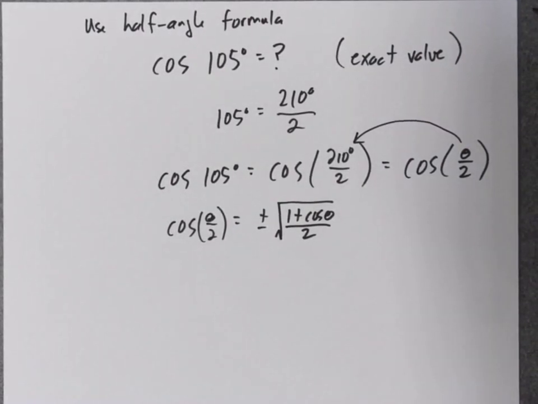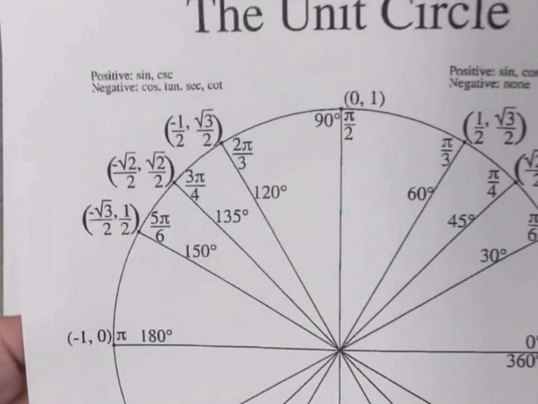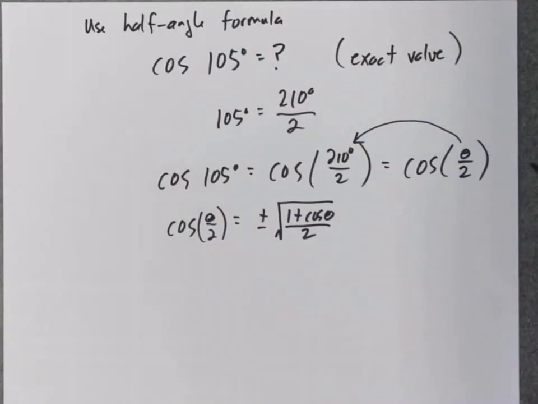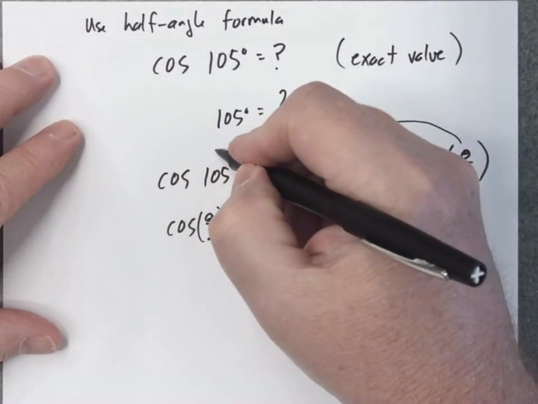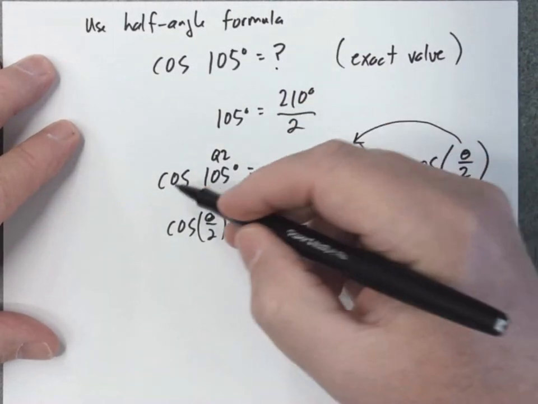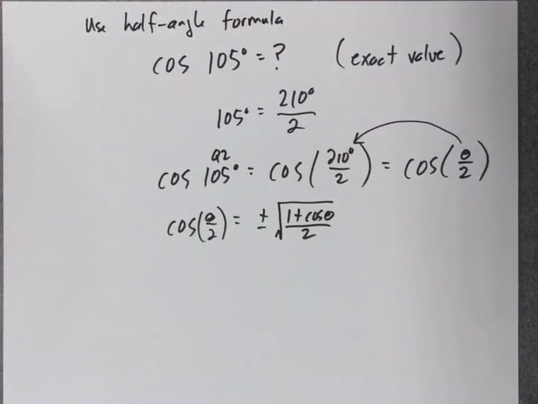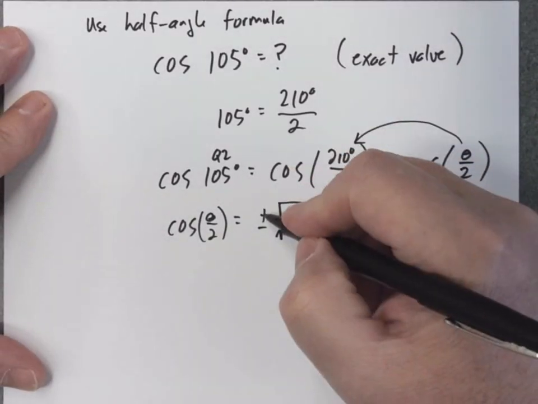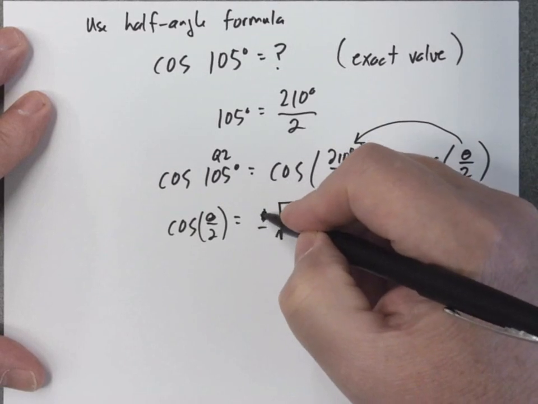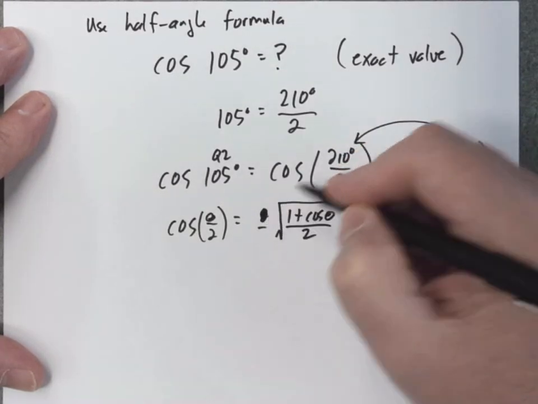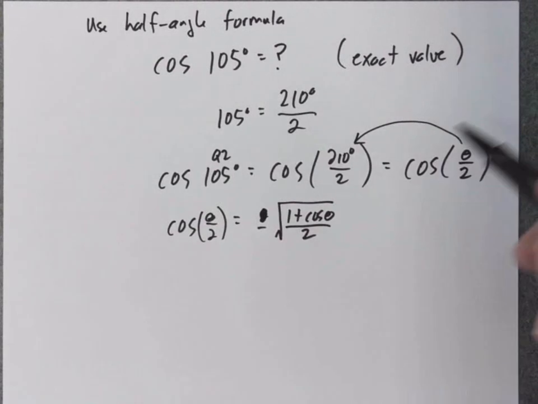Well, we just looked. 105 degrees has to be in quadrant 2. What do I know about the cosine in quadrant 2? The cosine's like x, and that has to be a negative number. So what I typically will do in my formula, I just mark out whichever one doesn't apply. So now this is the formula I'm going to use.